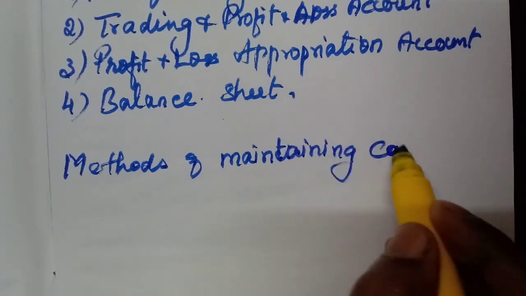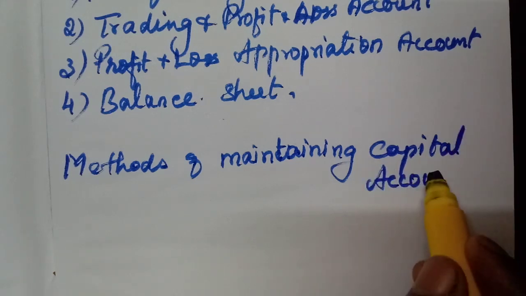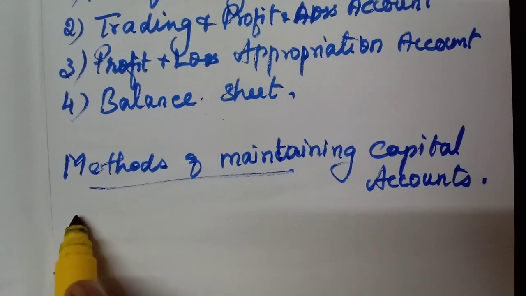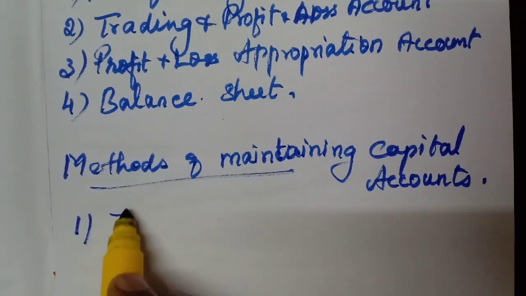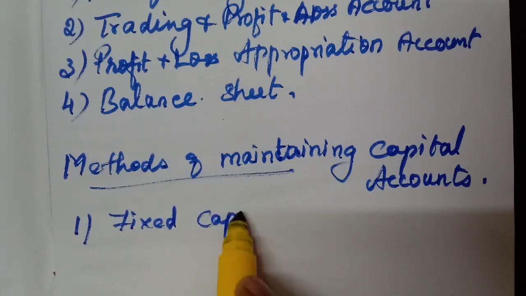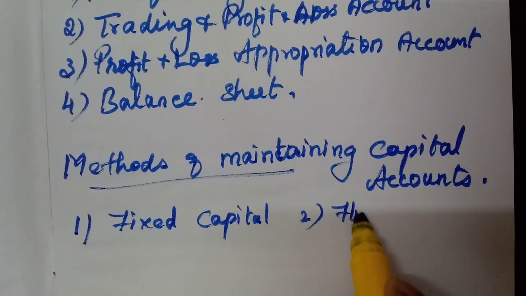Okay, two methods are there. One is the fixed capital method, another one is the fluctuating capital method.